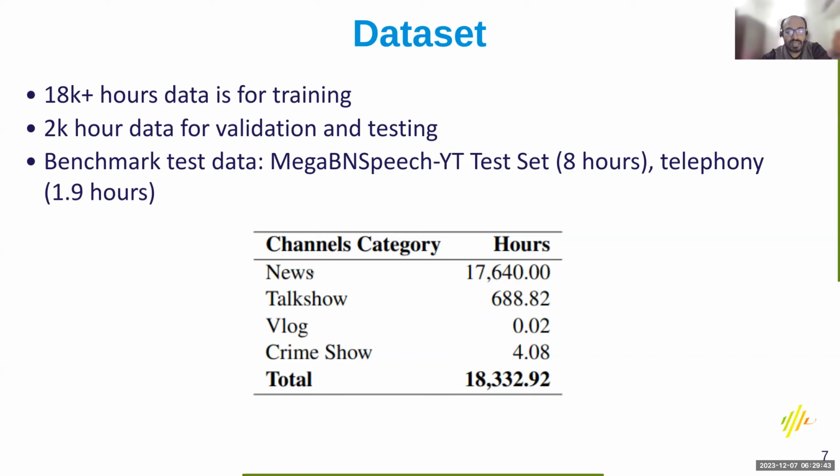In the training set, there are 4 major categories: news, talk show, blog, and crime show. Among the 4 categories, the news category has about 17,064 hours of data, and talk show has 688 hours of data.